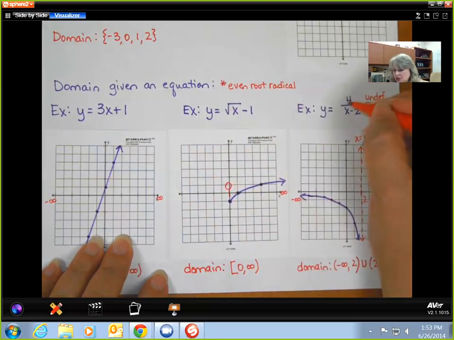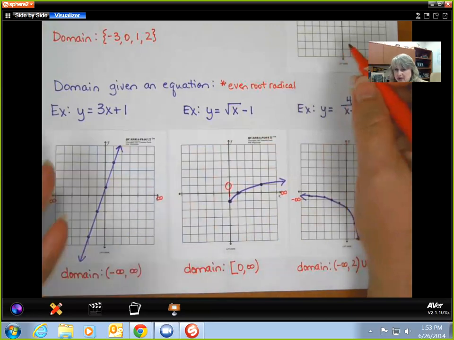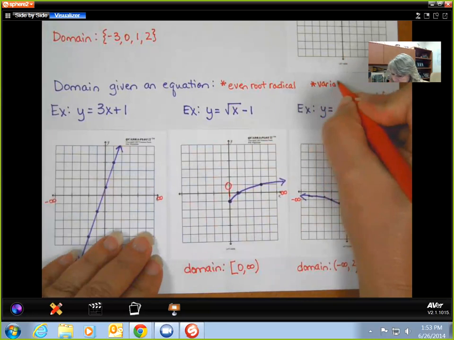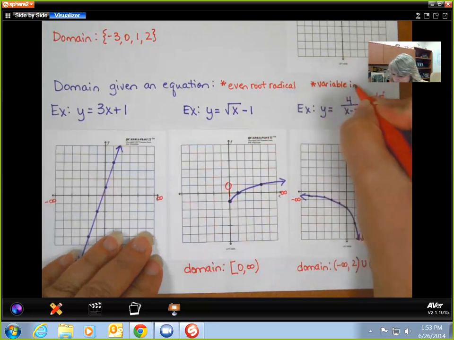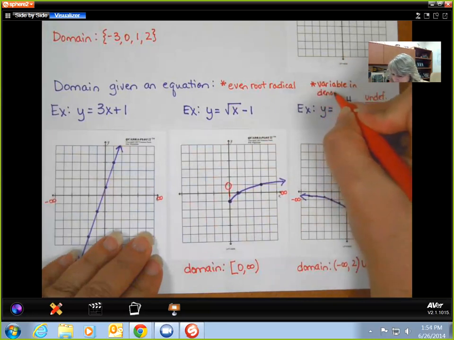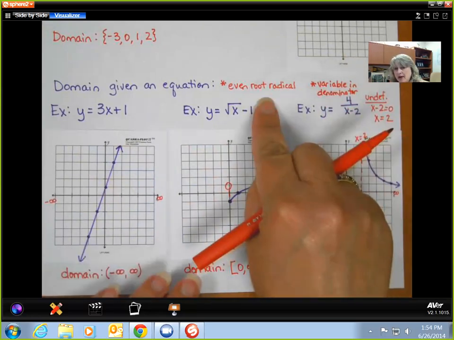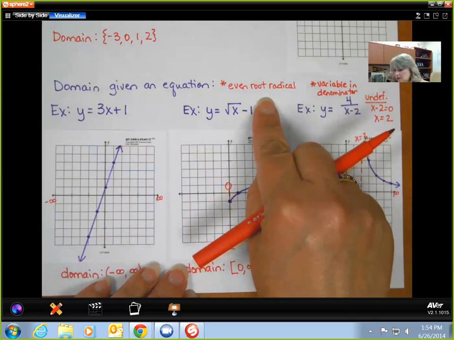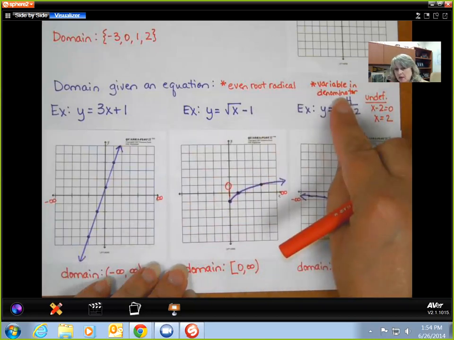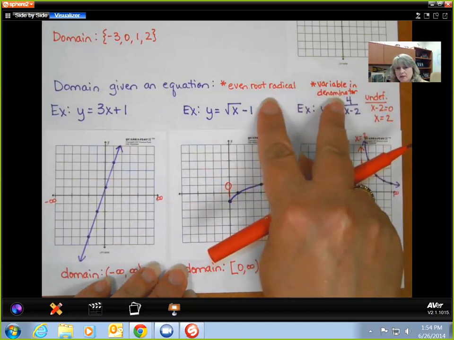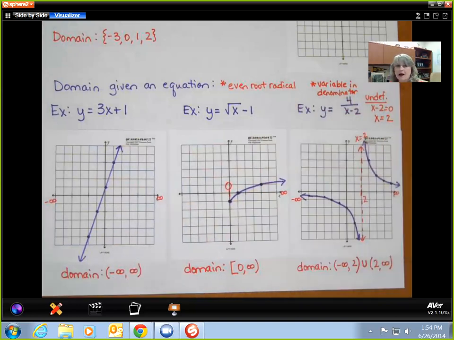Or if you have a variable in the denominator of a fraction. So you can have an odd root radical, there's no restrictions. As long as your variable is not in the denominator, there'd be no restrictions. But these are the two you have to watch out for. Okay, usually the domain is from negative infinity to infinity. Usually. Okay? All right, that's it.